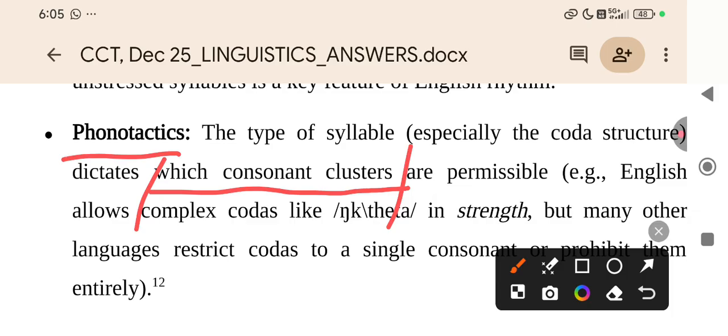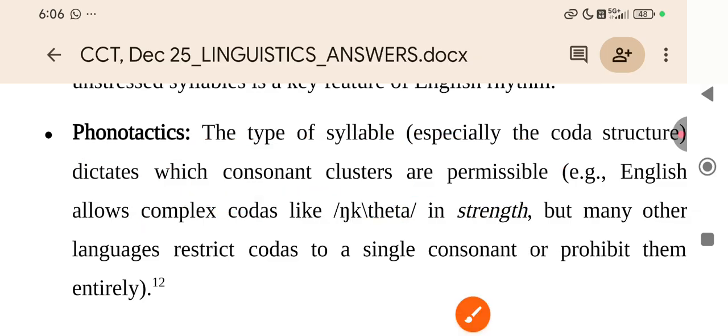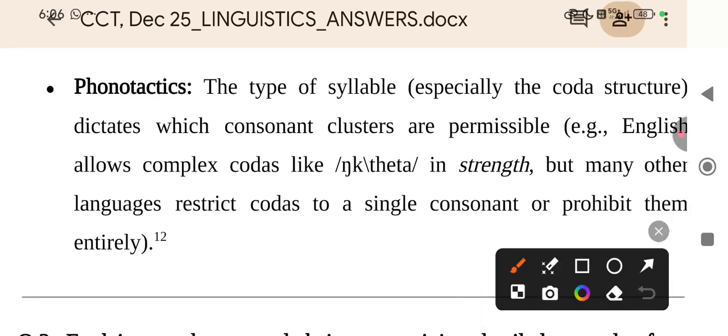For example, English allows complex codas like ink, that's a complex coda. Strength, in strength there is a k sound, right?